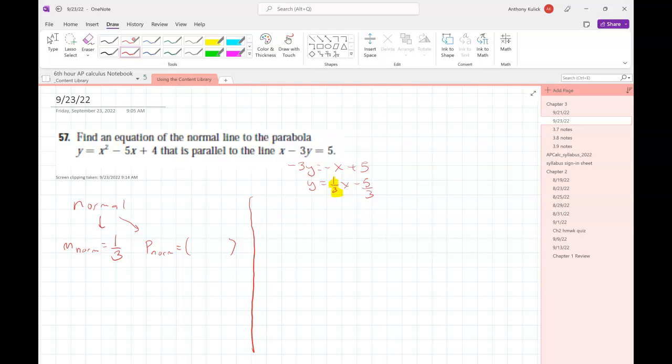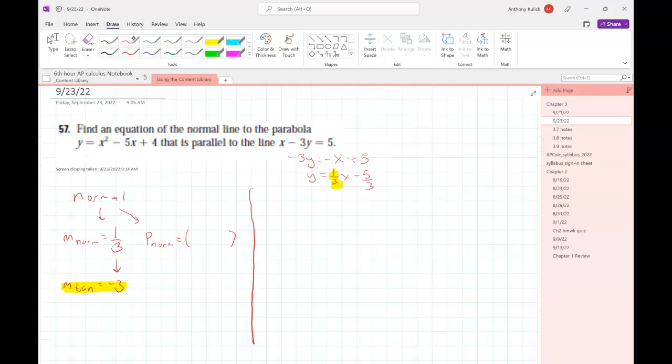So what would that make the slope there? -3. Okay. And I can use that now, because where's the slope of the tangent line coming from? I get it from the derivative.